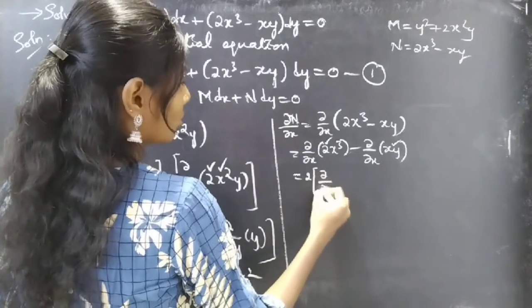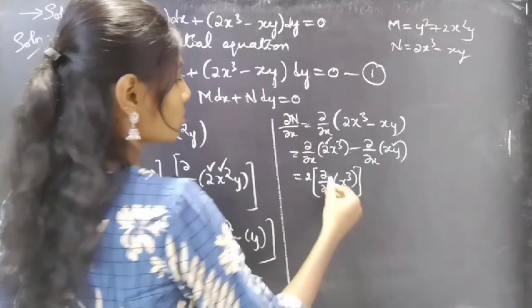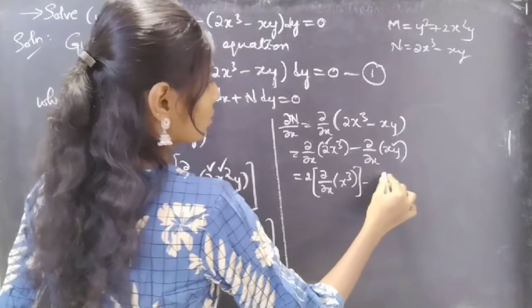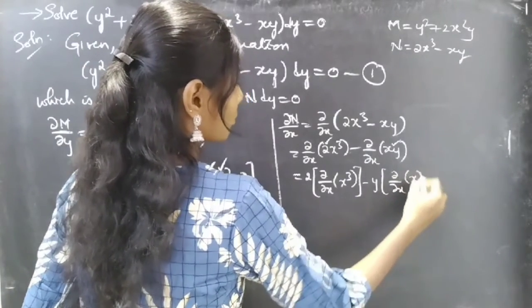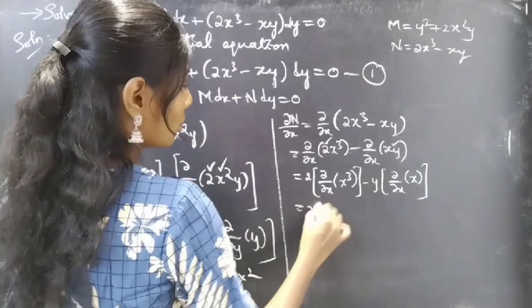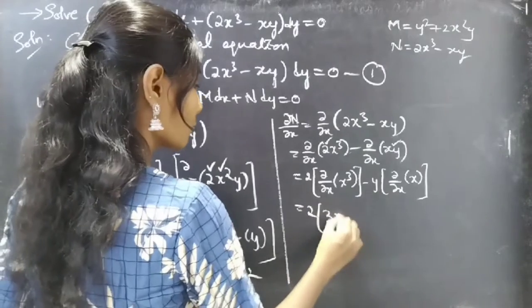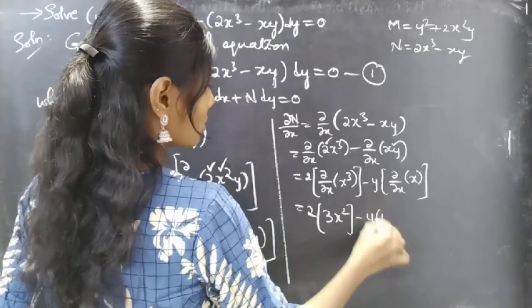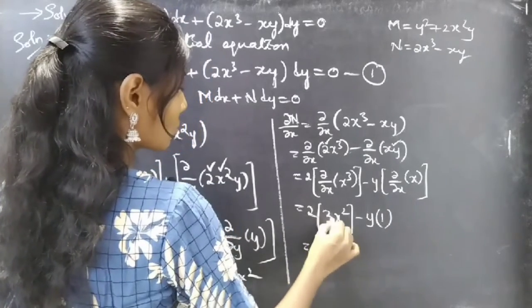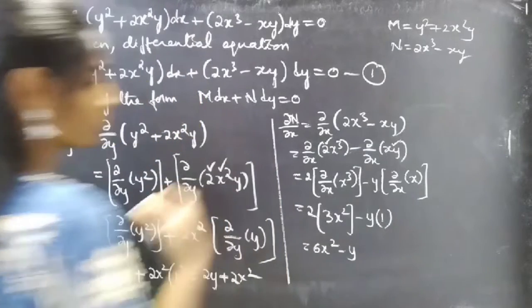We get 2 times the partial derivative of x³ minus y times the partial derivative of x, which gives us 2 times 3x² minus y times 1, which is 6x² − y.